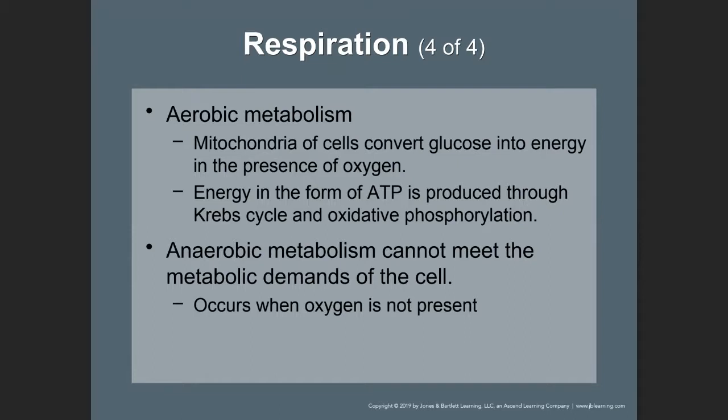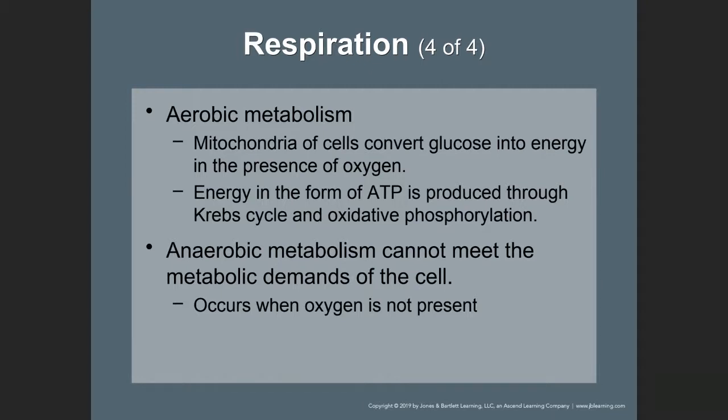If the glucose energy production is low or there's not enough oxygen available to create the ATP that is required, then not enough energy will be produced and the cell is not able to metabolize properly.